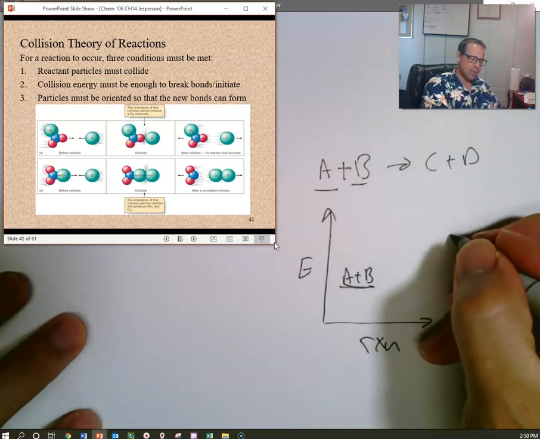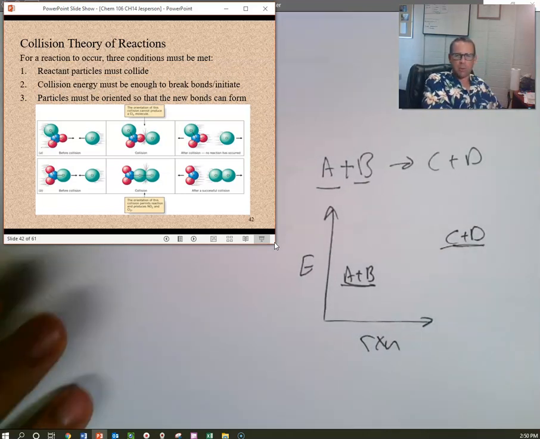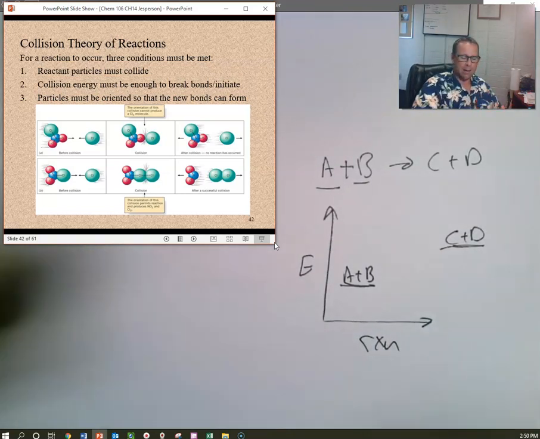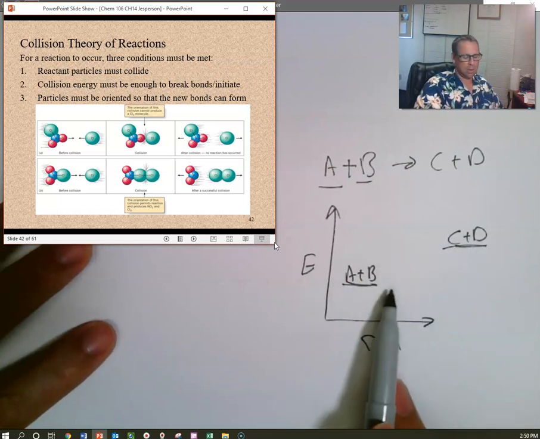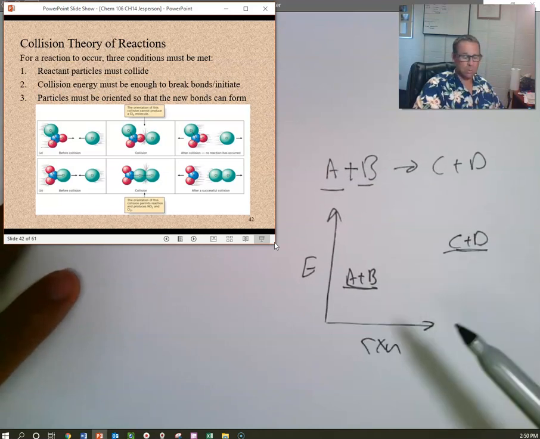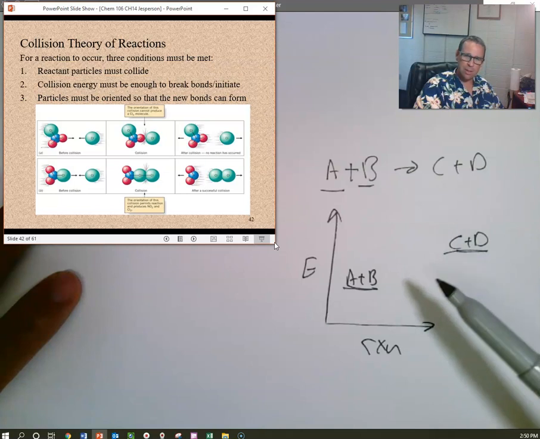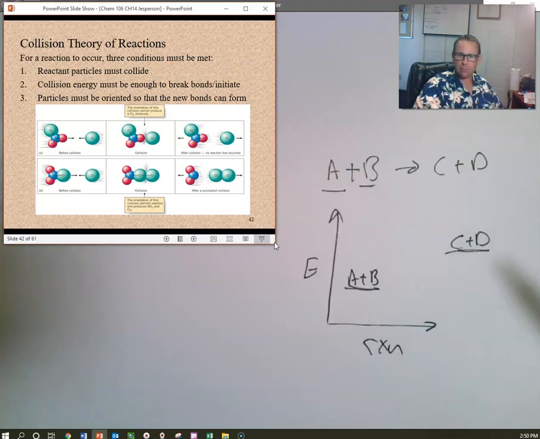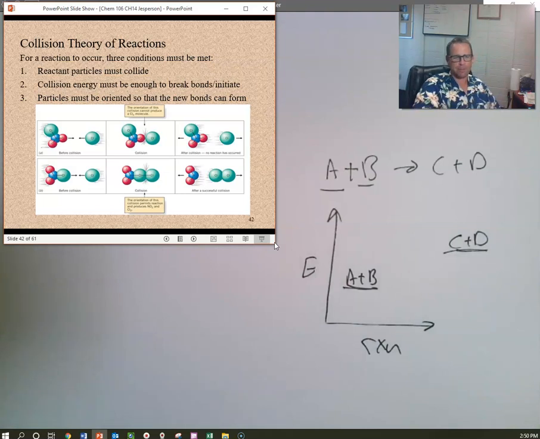And then we could say the collective energies for C and D might be represented there. Sometimes we know the actual values, which is helpful and nice. Sometimes we don't. But what this does is it allows us to visualize how the process is occurring relative reactants to products, in terms of energy.